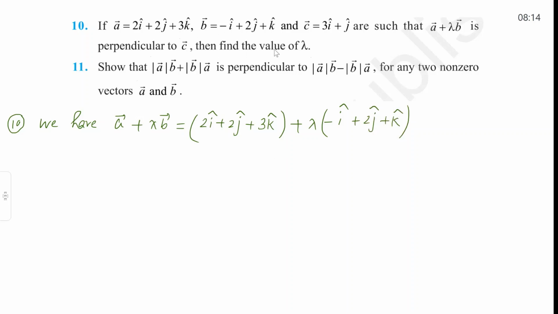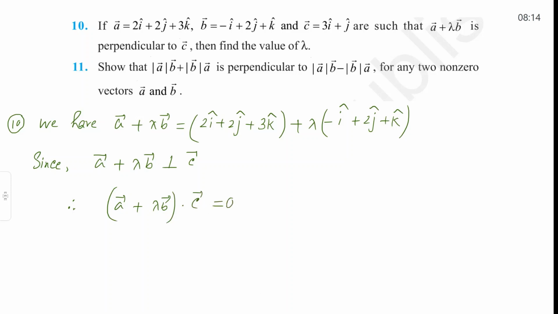It is given in the question that a bar plus lambda b bar is perpendicular to c bar. Since these are two perpendicular vectors, their dot product is equal to 0. Therefore a bar plus lambda b bar whole dot c bar is equal to 0.